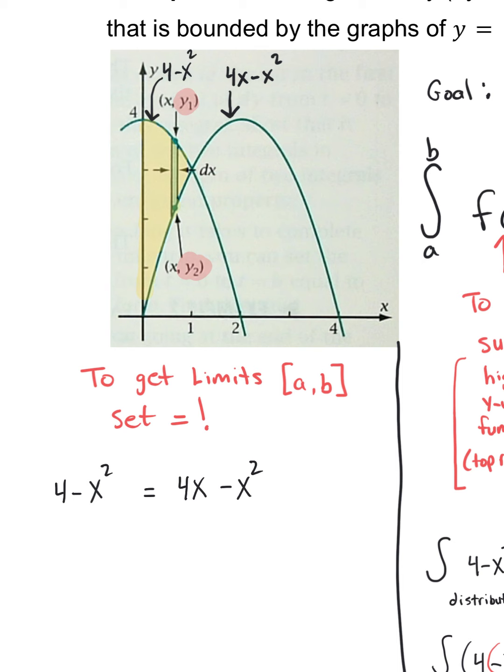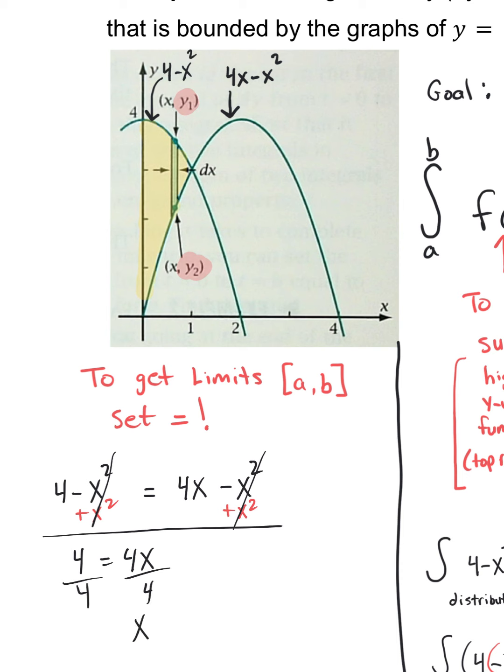All right, to get all the x squareds together, I'm going to add x squareds to both sides, and as you can see, the x squareds cancel out. So I'm left with 4 is equal to 4x. If I divide both sides by 4, I have x is equal to 1. I'm only given one limit. So if that happens, you'll have to get the second limit by looking at the graph.